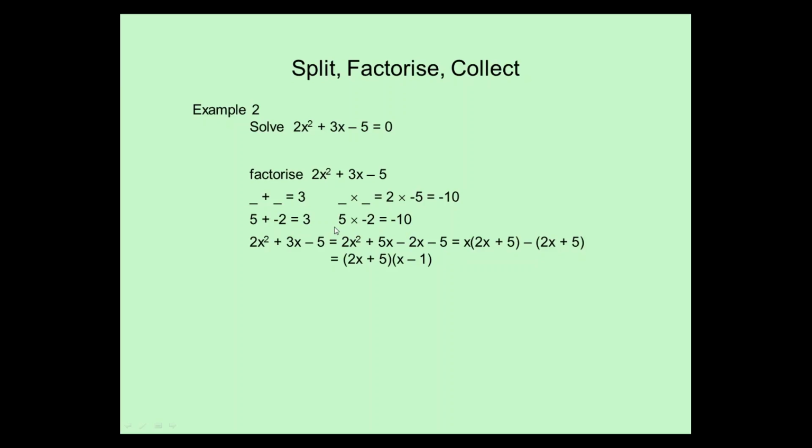Once they've done that, they then take out a common factor from each of these two bits. So they consider this bit.